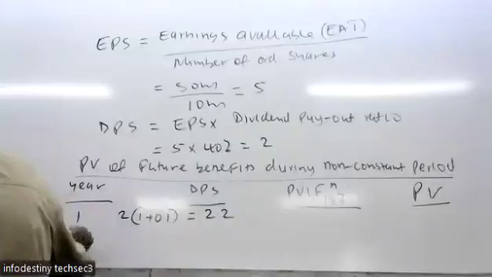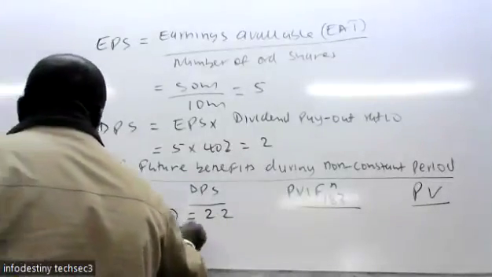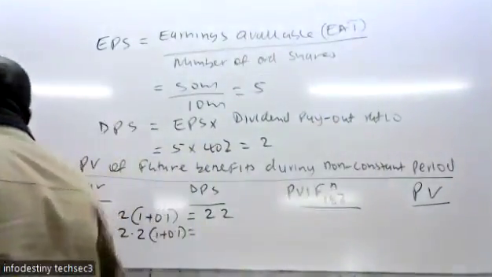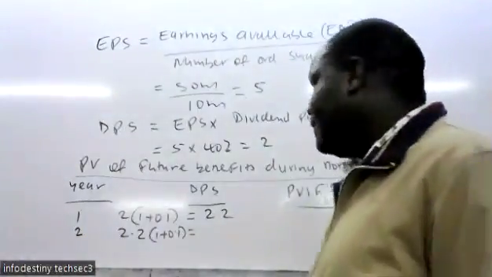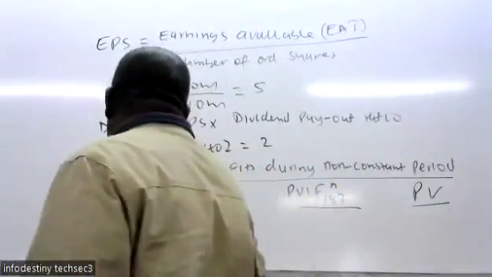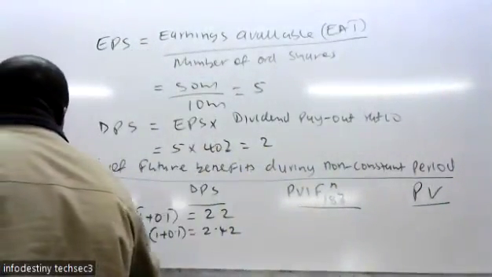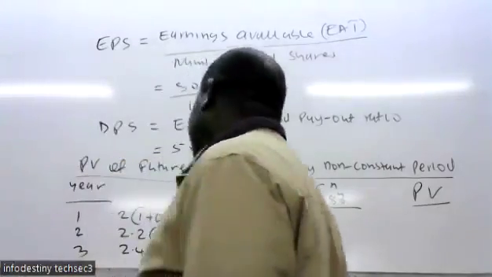Then year 2, you take 2.2, also we increase it by 10%, which gives 2.42. And now year 3, it is 2.42. Also we increase it by 10%.